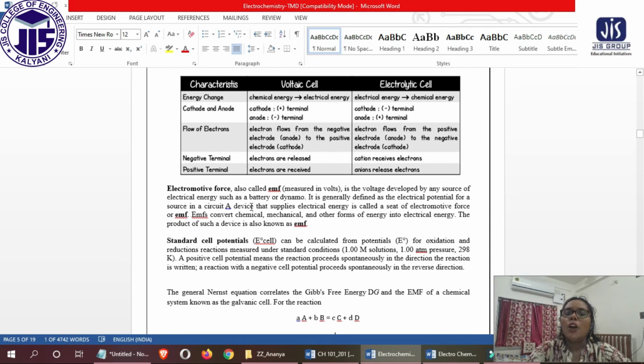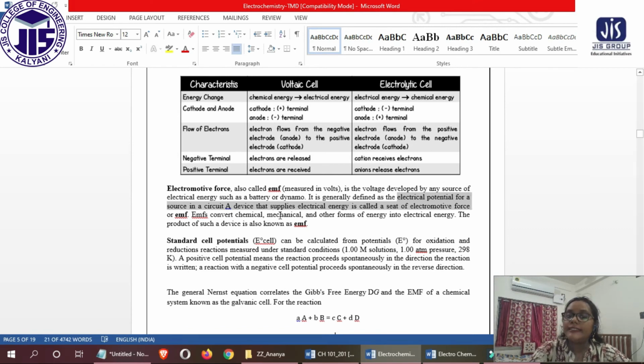Electromotive force, also called EMF. What is EMF? EMF is the voltage developed by any source of electrical energy, such as a battery or dynamo. It is generally defined as the electrical potential, mind it, electrical potential for a source in a circuit.